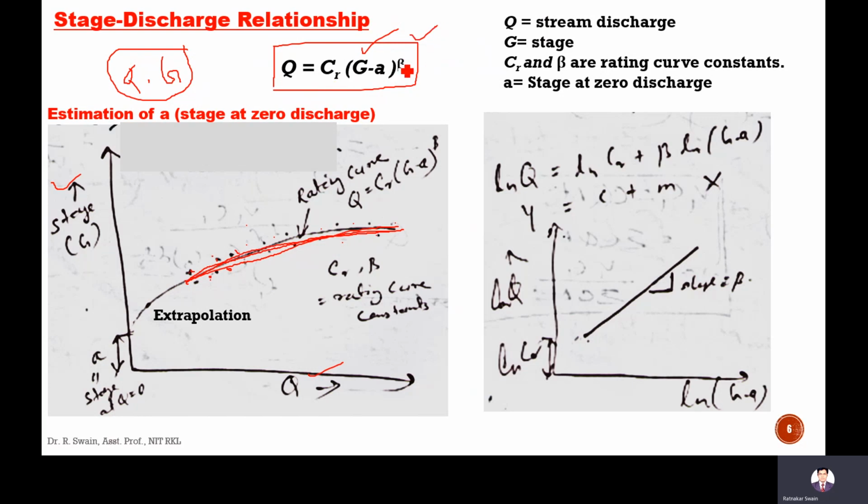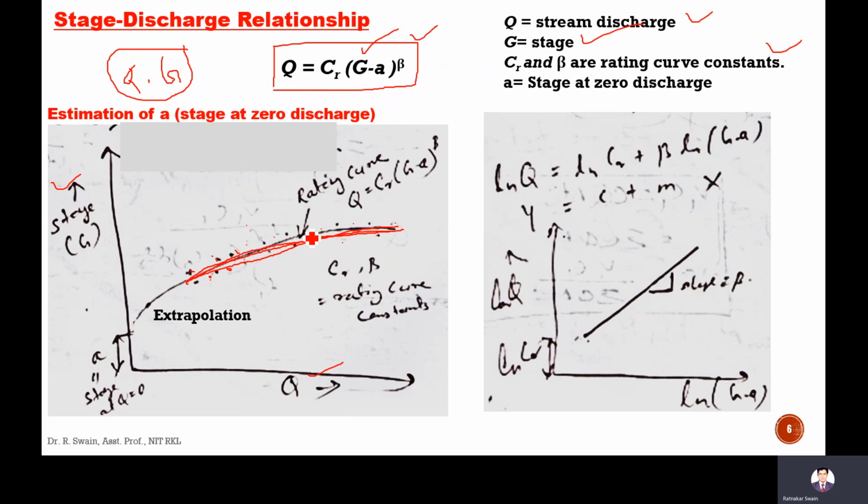C_R and beta are coefficients. A is the stage when discharge is 0, that is, the stage at zero discharge. Q is the stream discharge, G is the stage, and C_R and beta are called rating curve constants.